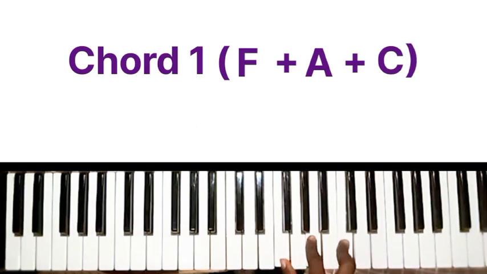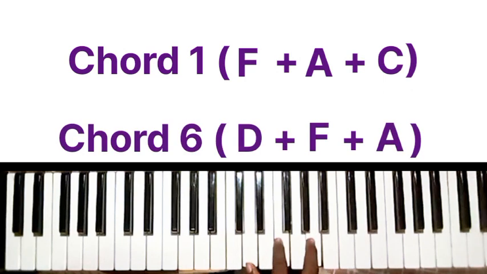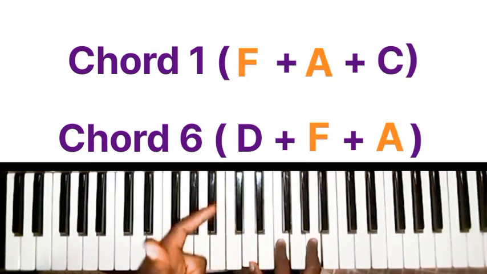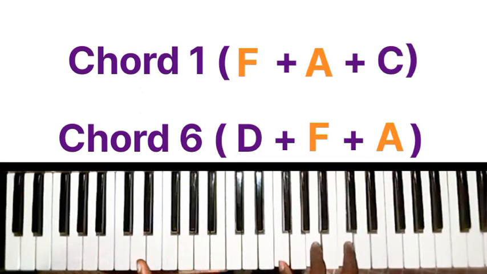So let's try to verify that. Look at the 6th chord. The 6th chord contains D, F, and A. Okay, so you can see that the similar notes between D minor chord and F major chord are these two notes, that is F and A. So F and A is found in F major chord, which is our first chord in key F, and F and A is also found in D minor chord, which is our 6th chord in key F. So meaning, based on the definition I gave you, this chord can substitute this chord in a progression, okay?